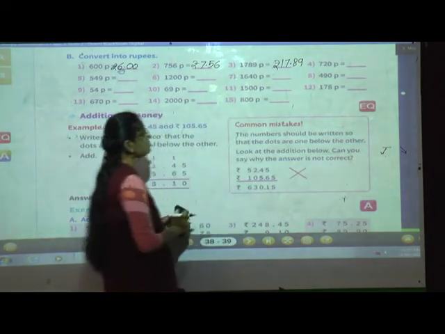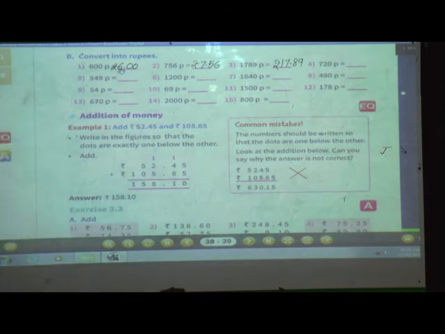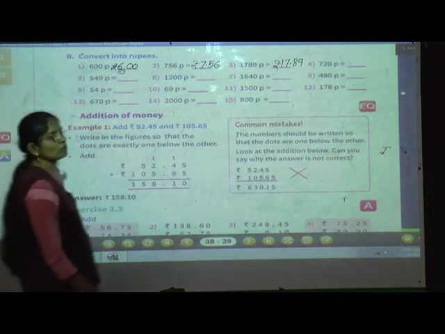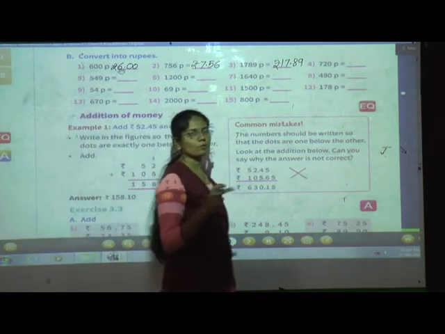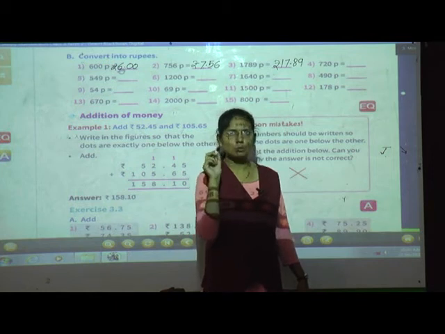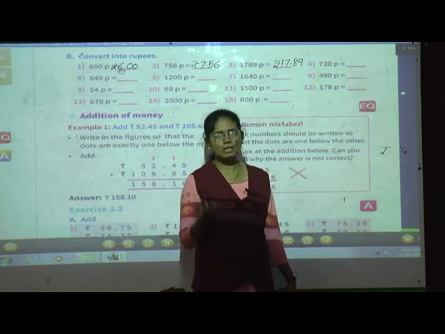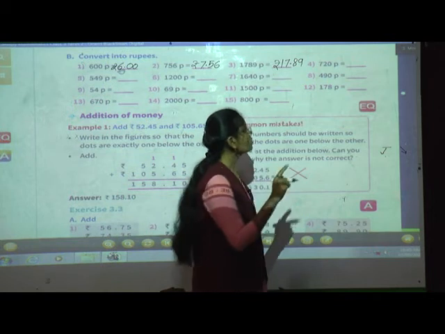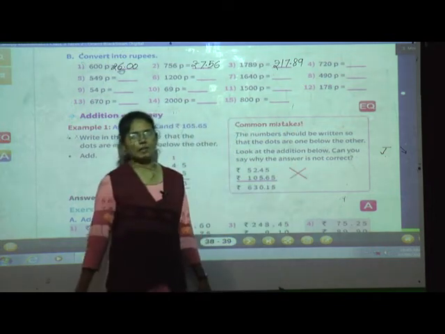17.89. Next, fourth example, 720 paise. This paise we have to convert into rupees. So what do we have to do? From the right side, before the second digit we have to put a dot, then it will be converted into rupees. So see the number 720.